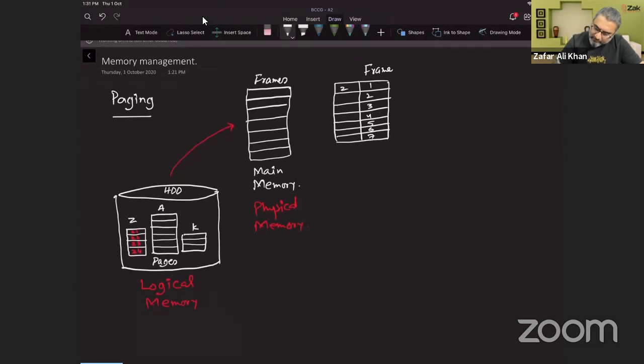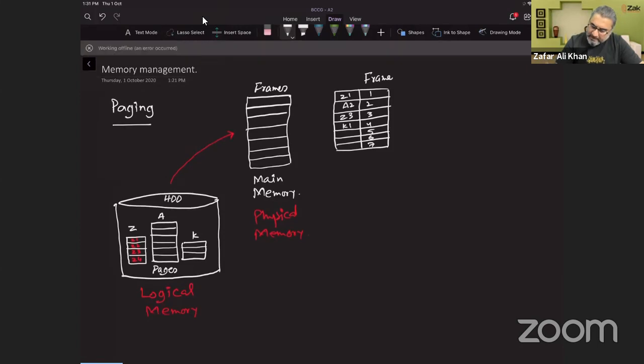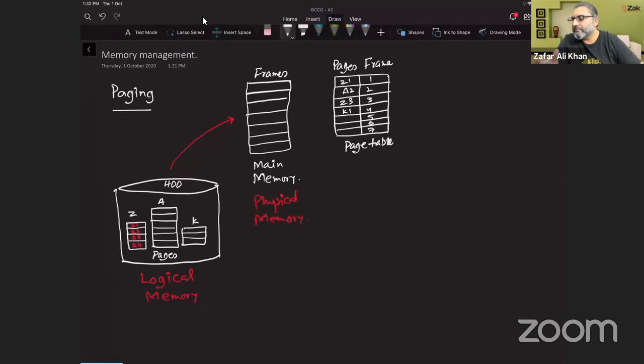This is job 1, which is loaded in frame 1, Z1, and then this might be A2, this might be Z3, this might be K1, and so on and so forth. So this is job pages, and these are the frames. So this is basically called what? Page table. The system maintains this table, and this table maintains which page of which job is loaded to what frame of the main memory or physical memory.